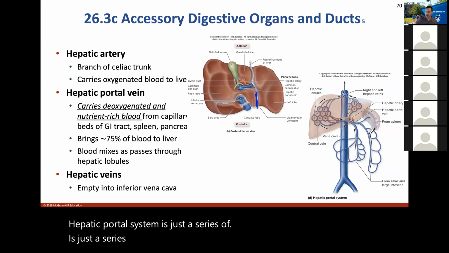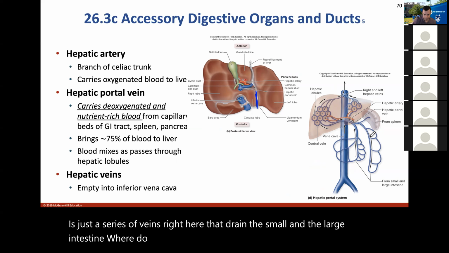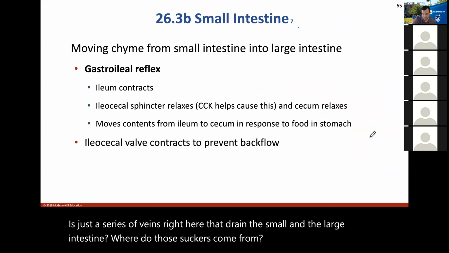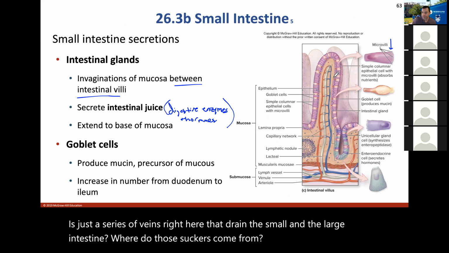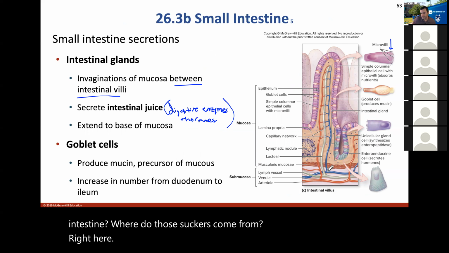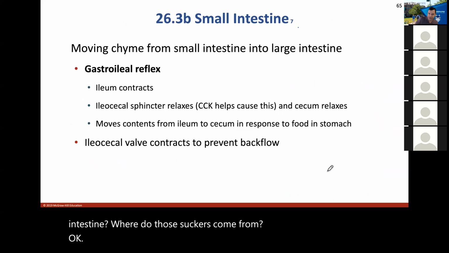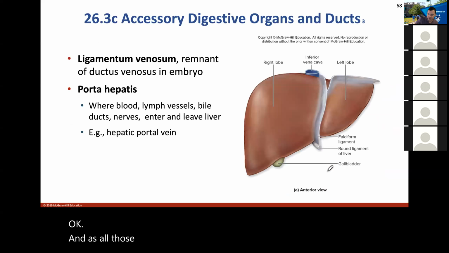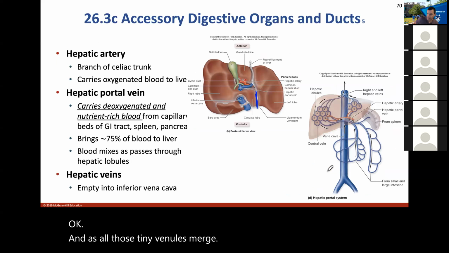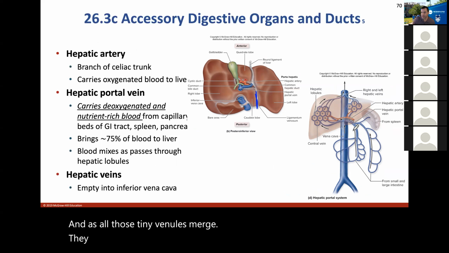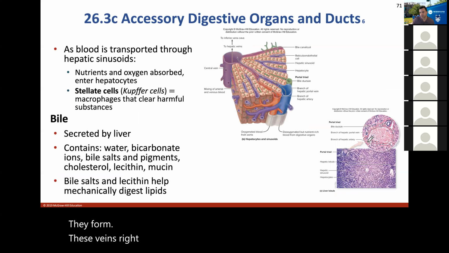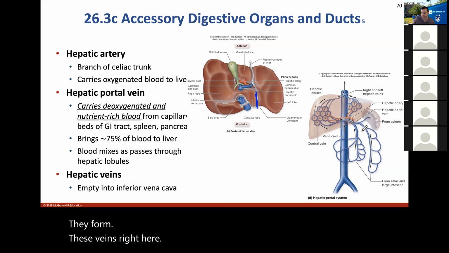veins right here that drain the small and the large intestine. Where do those come from? Right here. And as all those tiny venules merge, they form these veins right here.